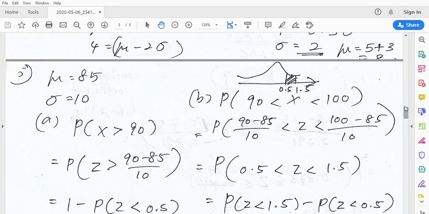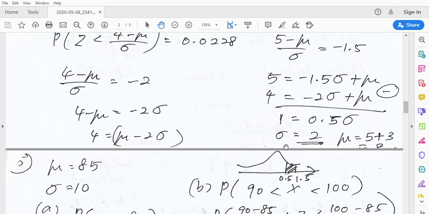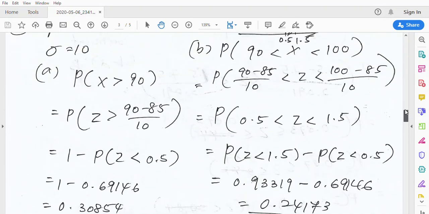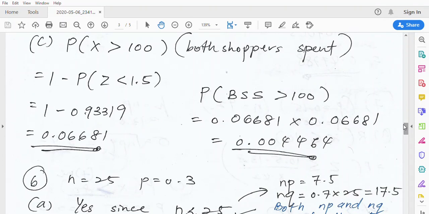So just simply minus the probability of 1.5 until 0.5, so that we can get this probability between 1.5 and also 0.5. So minus it, we will get 0.24173.